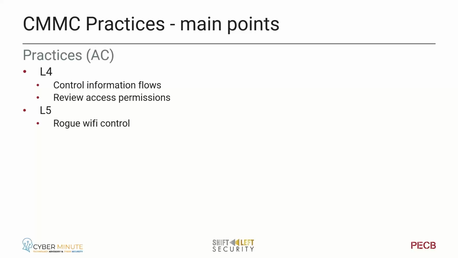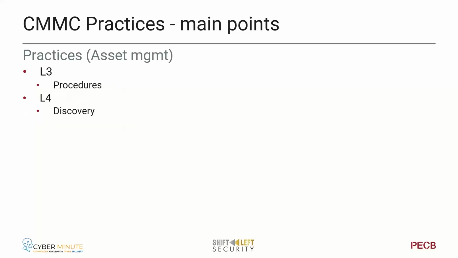So when you see this, it means that you have this identity governance tool where you can really see, is this user in this group still allowed to access that file share on that server? No or yes. You need to have the full process in place. Do you detect rogue Wi-Fi and so on? So very, very difficult. Next, please.